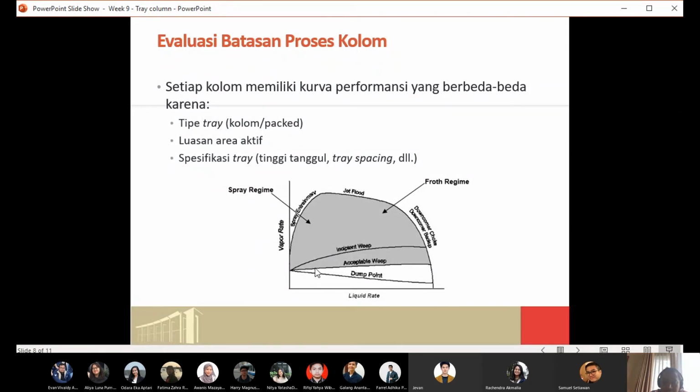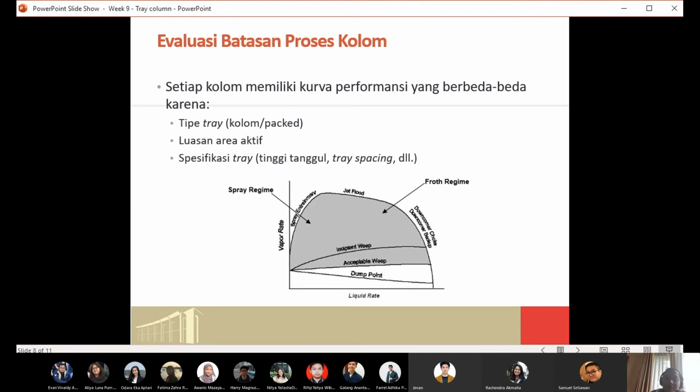The line below is known as the weeping condition. Weeping means that, if you see from this figure, the vapor rate is very low, and sometimes you have a moderate or very high liquid rate. In that case, the vapor rate will not be able to hold the liquid back from the holes of the tray.